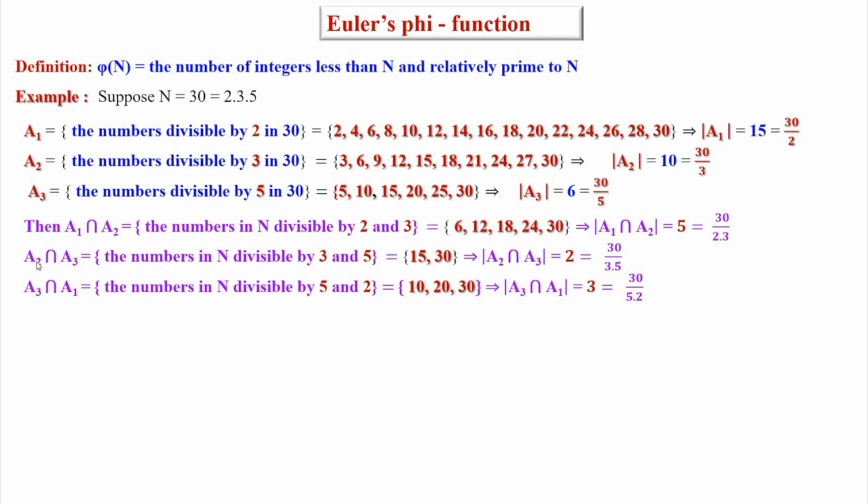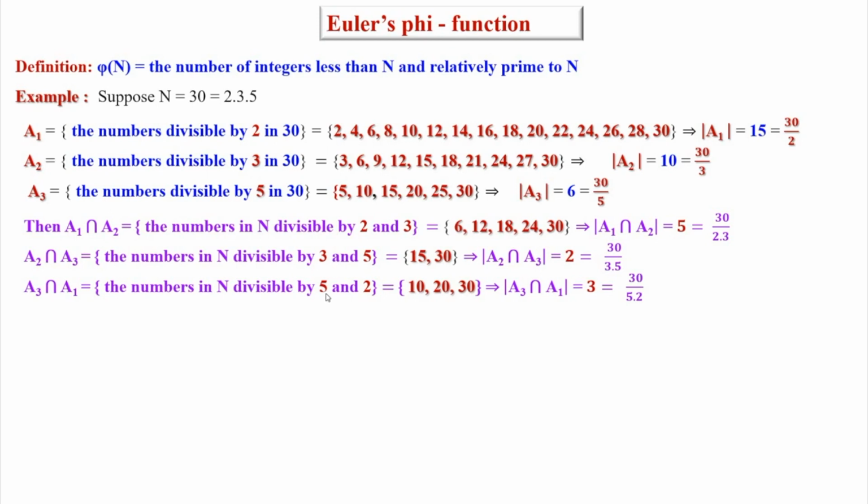In the same way, for A2 intersection A3, the numbers divisible by both 3 and 5 are 15 and 30, just 2, and that is 30 divided by 3 into 5.